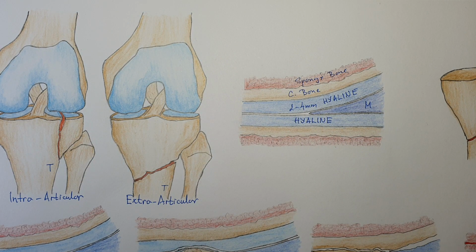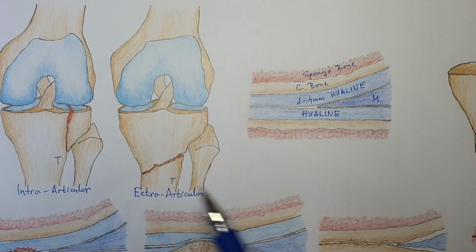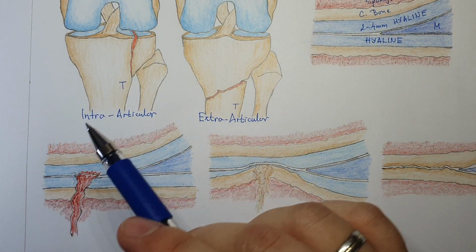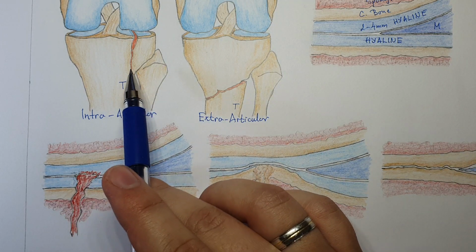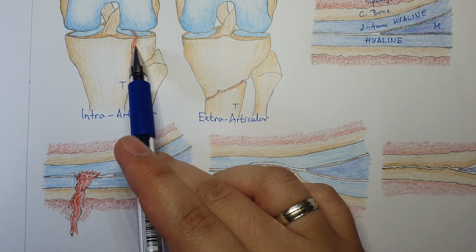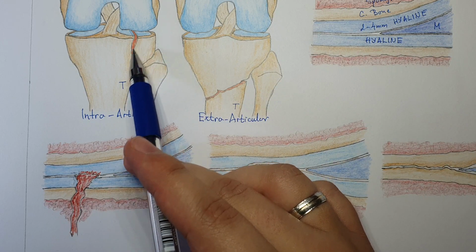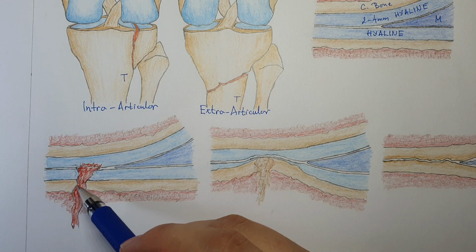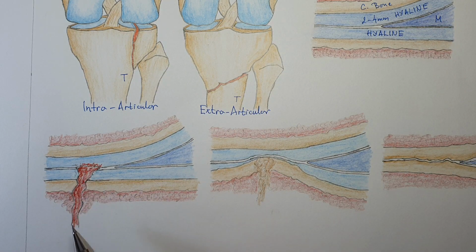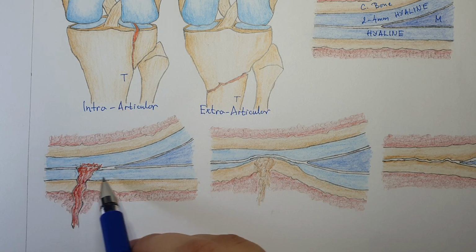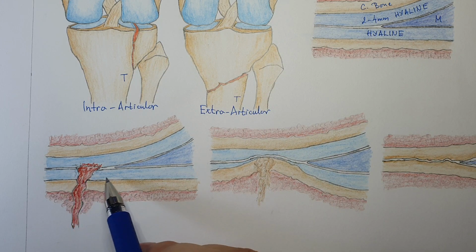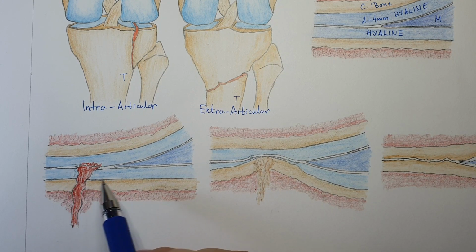But what happens if we have an injury like this? So for example, the patient is hit by a car and he sustains this fracture of the tibial plateau. So this is a simple fracture. In this fracture, we have the fracture site, and it is splitting obviously these two parts of bone, and when it is entering here in the joint, it also disrupts, for example, one side of the cartilage, the articular cartilage.